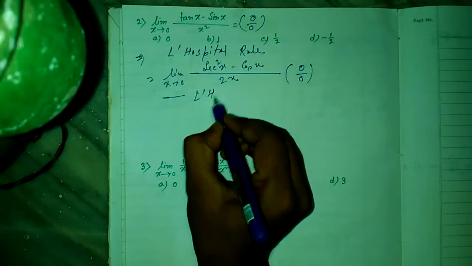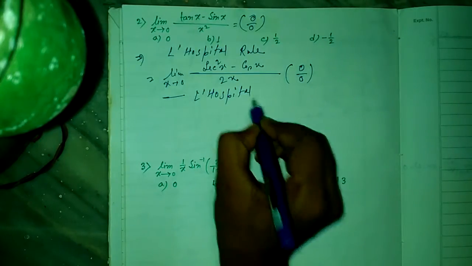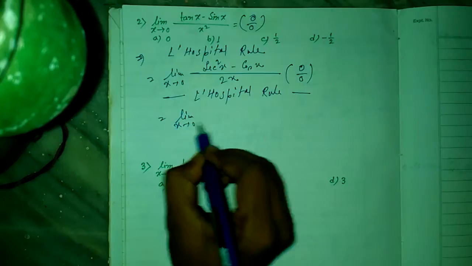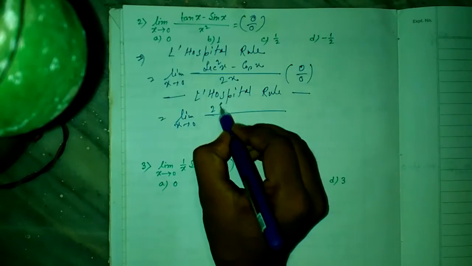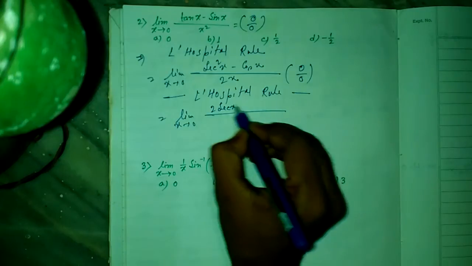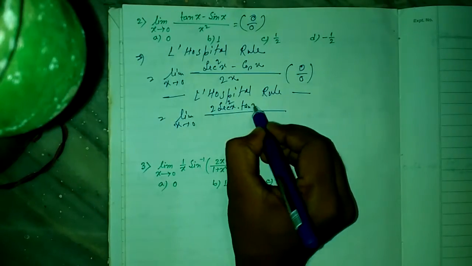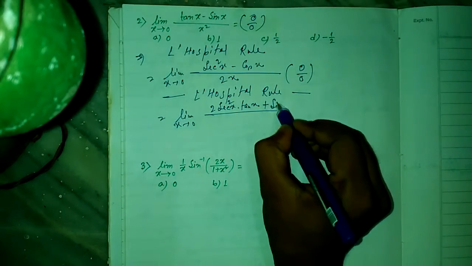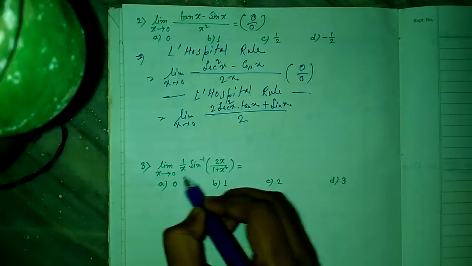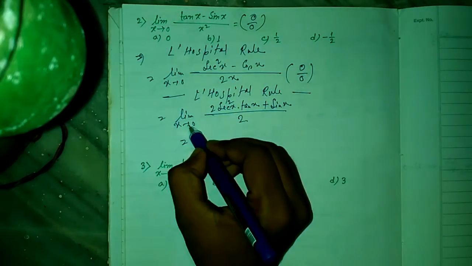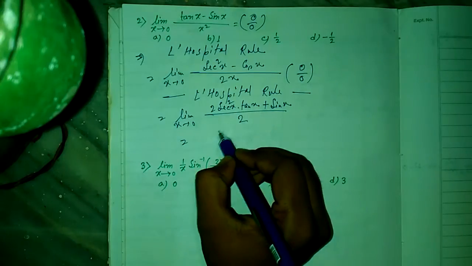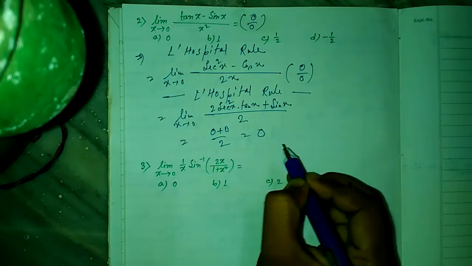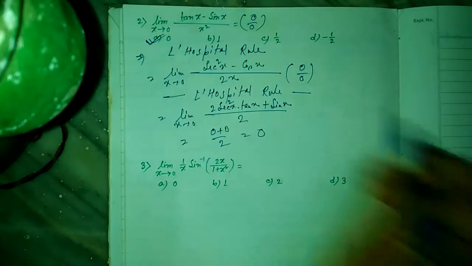We apply L'Hospital rule again. So this will be 2 sec square x tan x, minus cos x, derivative of cos x is minus sin x, so this will be plus sin x by 2. So when we put x equal to 0, this will be 0. So our option A is correct.